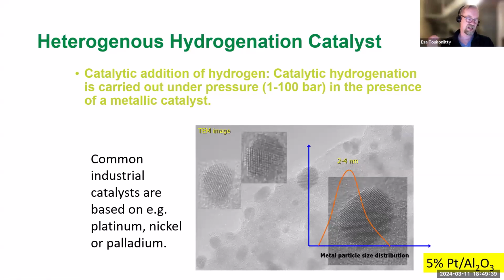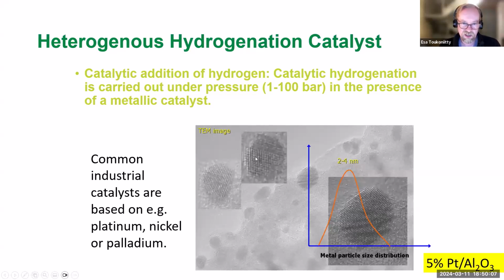It has mildly acidic properties, so it can sometimes catalyze reactions. But in this case, it's only providing the support or the surface where the tiny platinum metal particles or nanoclusters are deposited. So these darker areas are, in this case, platinum metal particles.